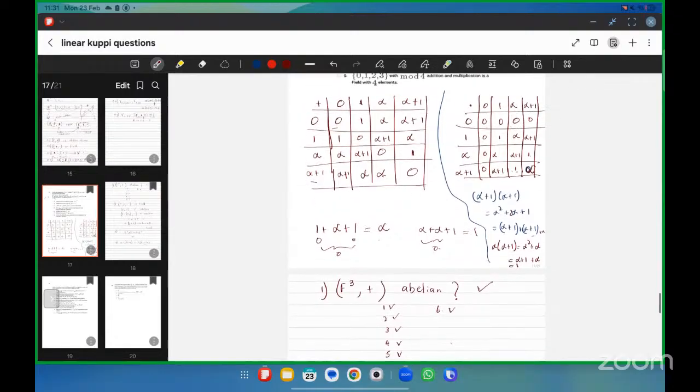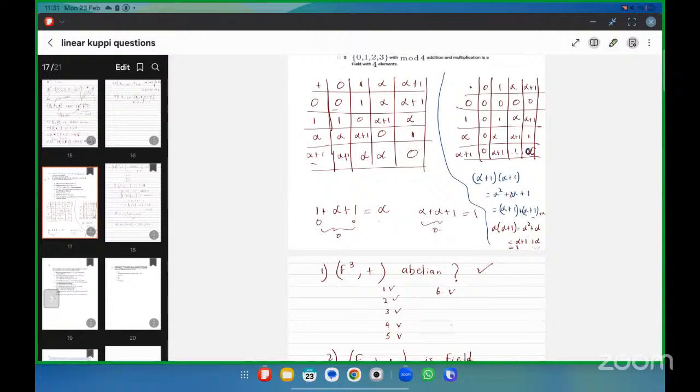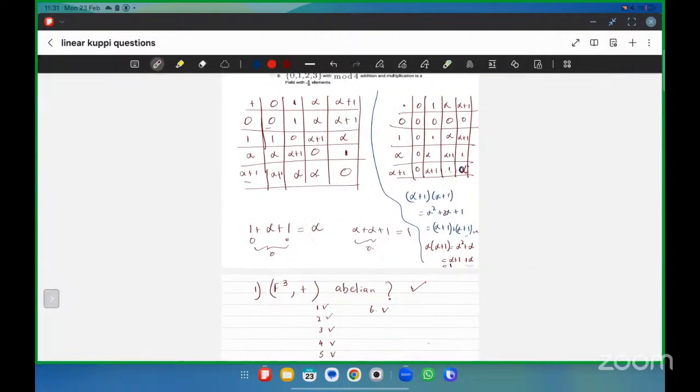So here we have the tables of plus and dot.